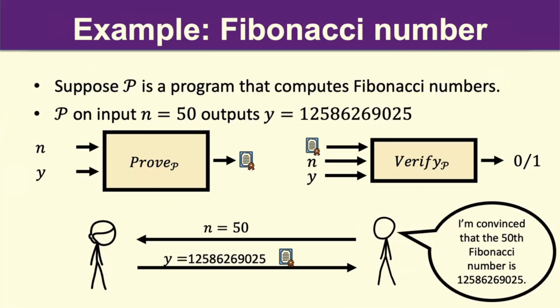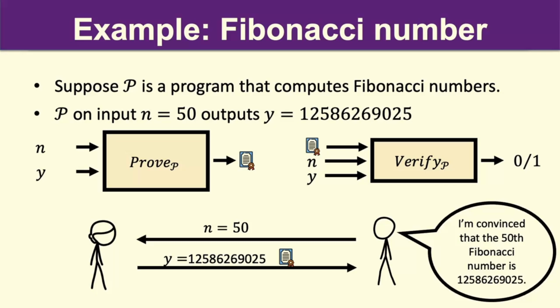Okay? So let's make this slightly more concrete. It's still mathematical. Suppose the program P is the program that computes the Fibonacci numbers. Right? Fibonacci numbers 1, 1, 2, 3, 5. You take the previous two numbers, add them, get the next one. It turns out that on n equals 50, we could have all done it in our head, but I'm just giving you the answer.